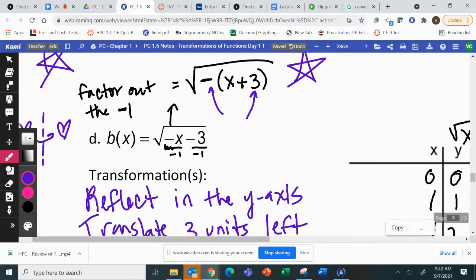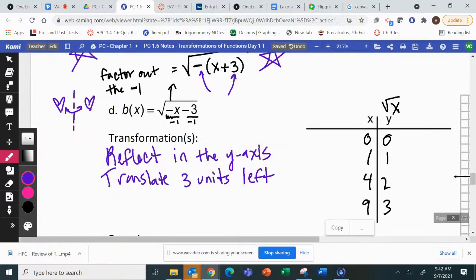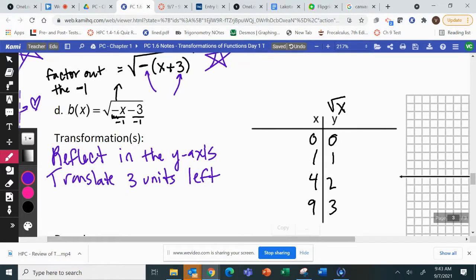So we're going to reflect in the y-axis. We're going to translate 3 units left. You can take your points, reflect, and move them to the left, or we can use the table. I'm going to use the table so you have seen it. Both of these are horizontal, so I have to do multiplication first, and then minus 3.